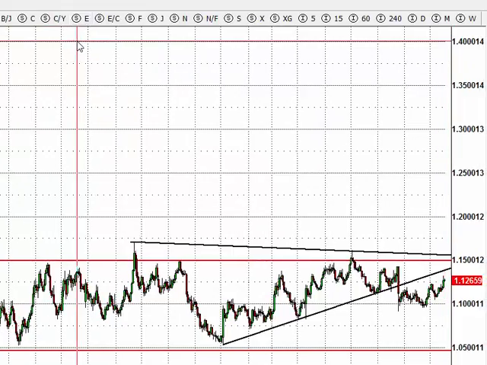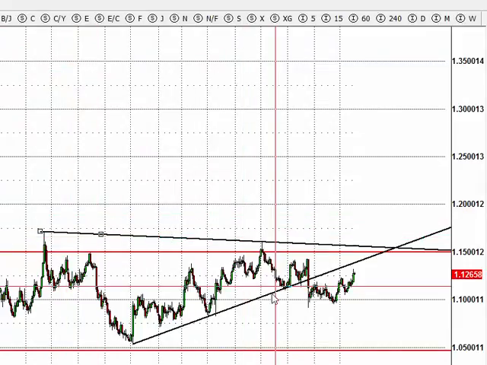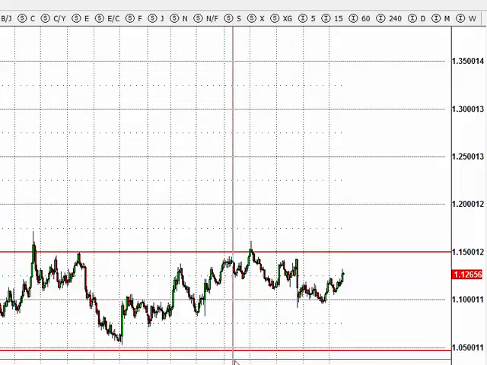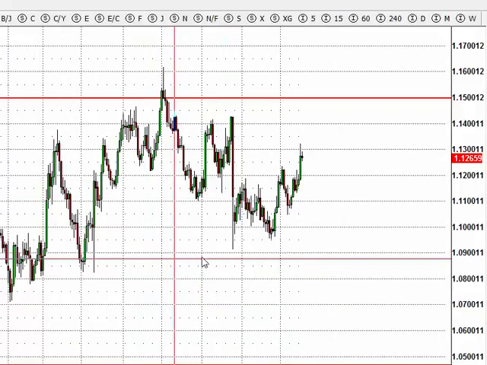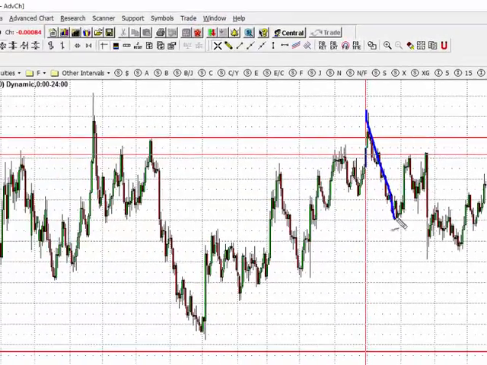Let's just take a look at what's happening in the euro. Let me just clean up this chart. As you can see right here with the euro currency, it is the opposite of what the US dollar index is doing. The market went down, came up, went down, is retracing now, and looks like it is finding some resistance in this 113 area.